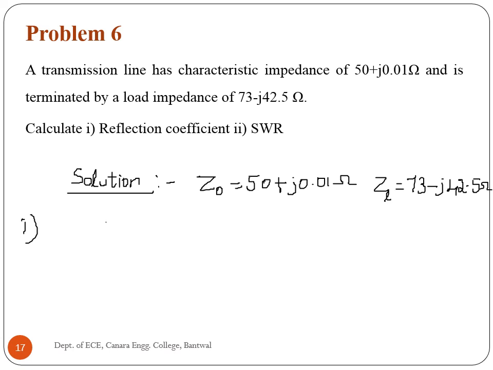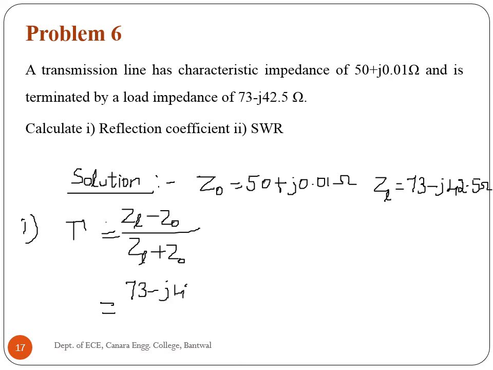Now to find out reflection coefficient, notation gamma is given by ZL minus Z0 divided by ZL plus Z0. ZL is equal to 73 minus j42.5 ohm minus Z0, which is 50 plus j0.01 ohm.